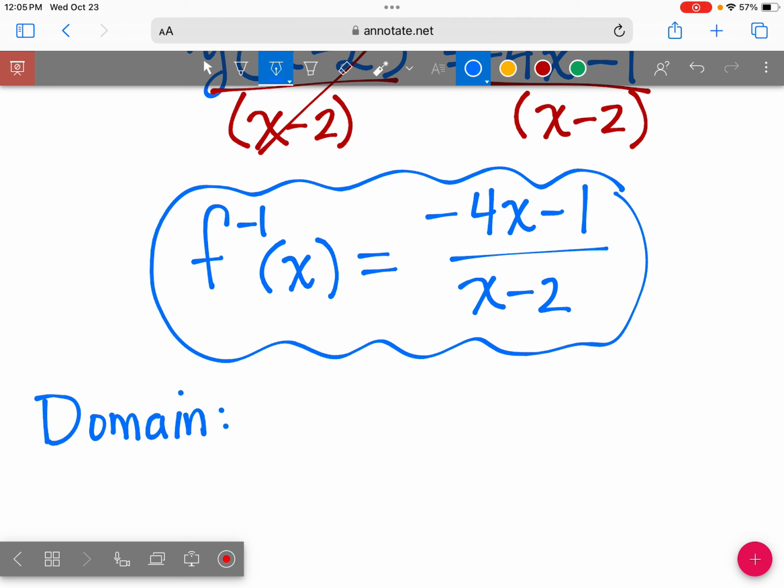If you see a red light, you should know how to find the domain. So the x minus 2 cannot equal 0, which means that x cannot equal 2. Go ahead and write that in interval notation. So it's all real numbers, but x cannot equal 2.